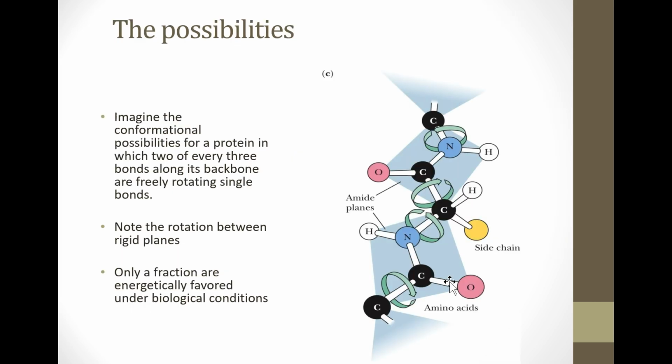So, a little bit of possibilities associated with conformational changes. Not all changes are equal in terms of their energetic preference, and that's because of the amide plane's rigidity. Because we have double bond character between the carbon and nitrogen, alpha carbon and nitrogen, we get this nice plane which only allows for rotation around specific pivot points.